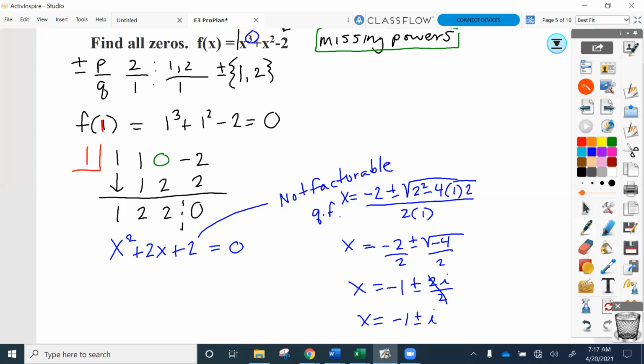So your solutions are 1, the 1 that we got using P over Q, and -1 plus or minus i that we got from doing the quadratic formula.